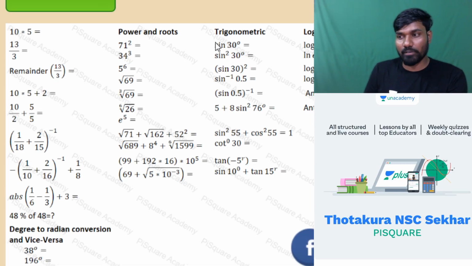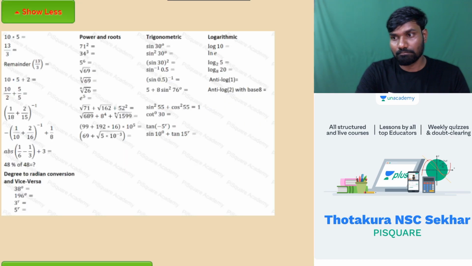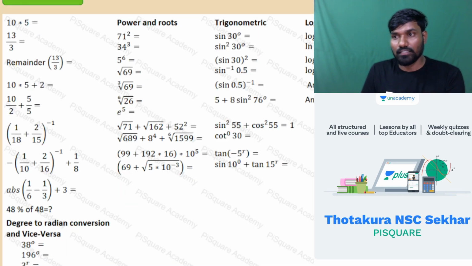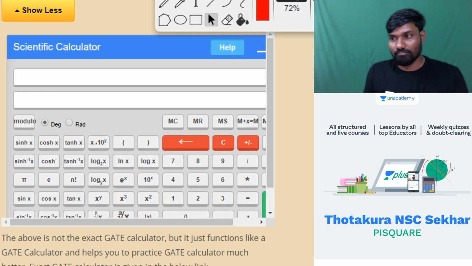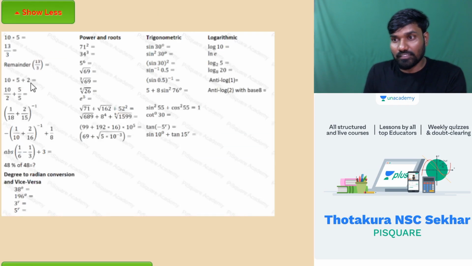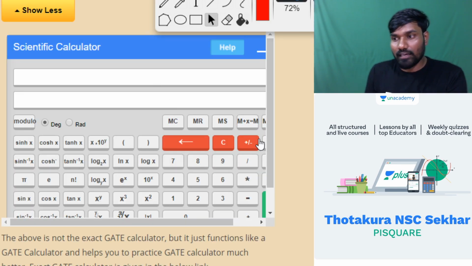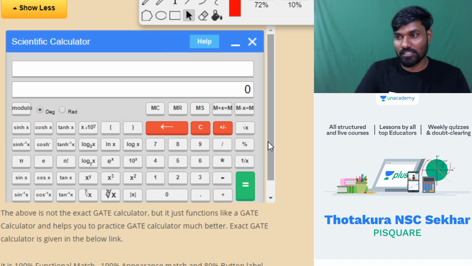Okay, might be better. 13 into 5 plus 2. It's extra zoom, okay, this is perfect anyways.